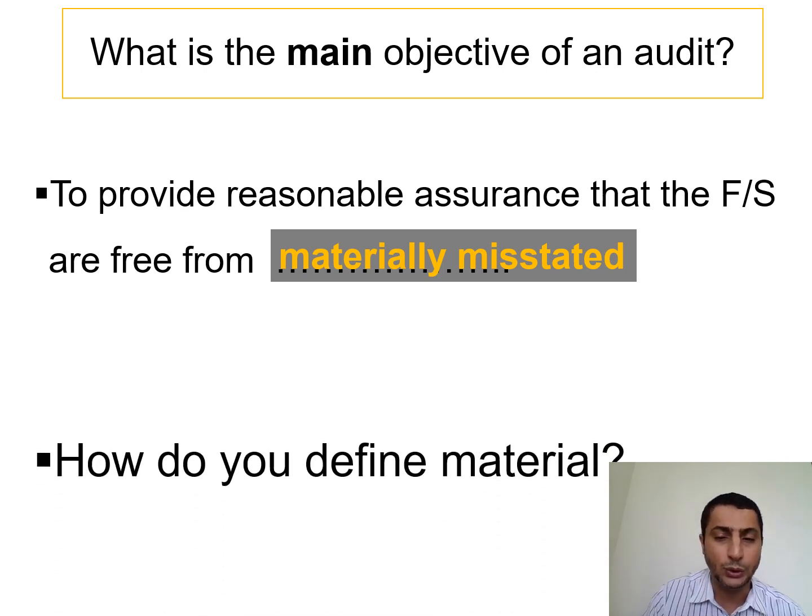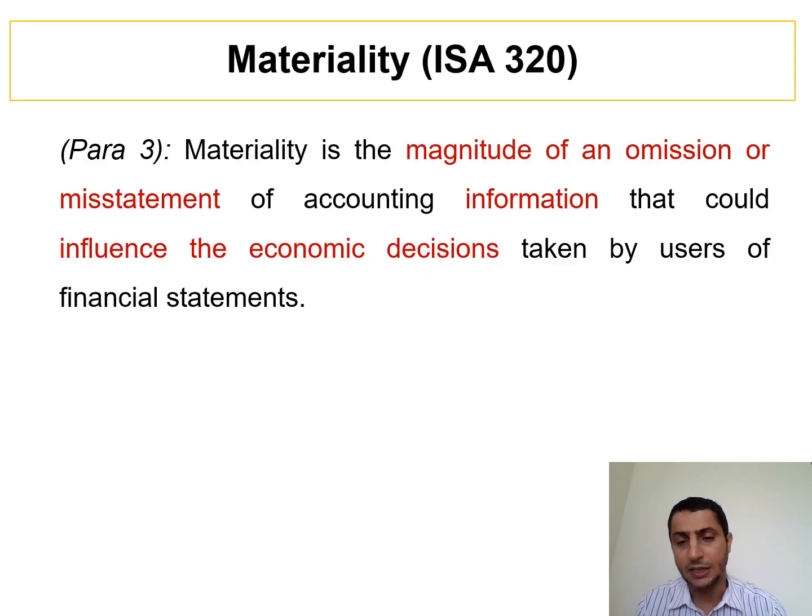So how do we define the material? According to ISA 320, paragraph 3, materiality is the magnitude of omission or misstatement of accounting information that could influence the economic decisions taken by users of financial statements.